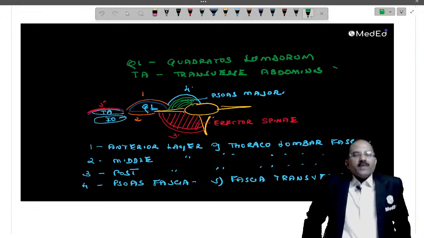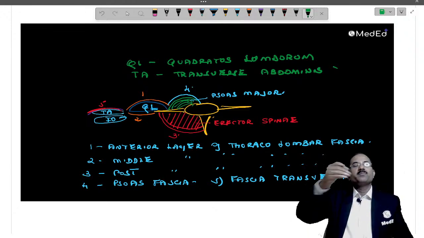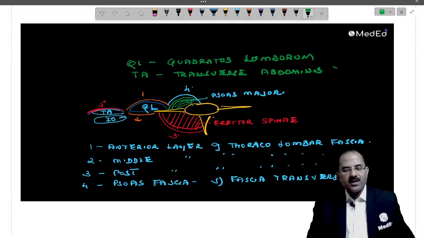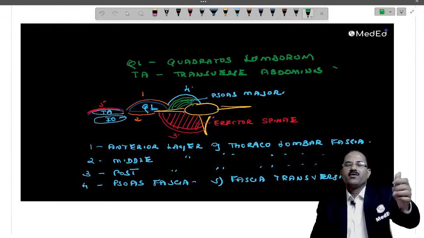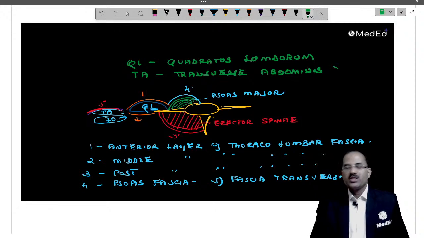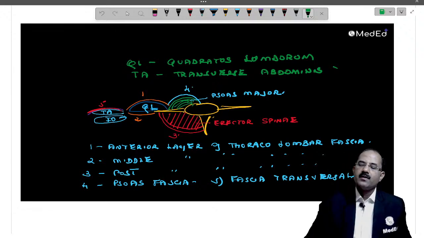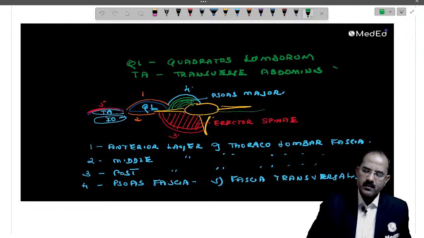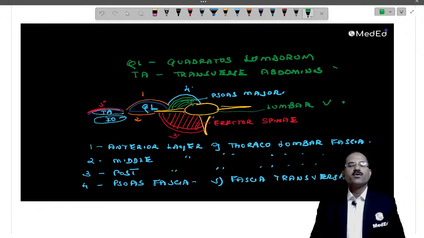The one which covers the quadratus lumborum from the front is the anterior layer, from behind is the middle layer of thoracolumbar fascia. The one which covers the erector spinae is the posterior layer of thoracolumbar fascia. The psoas major is covered by the psoas fascia, and then you have the fascia transversalis, which covers the transverse abdominis. This is the lumbar vertebrae.